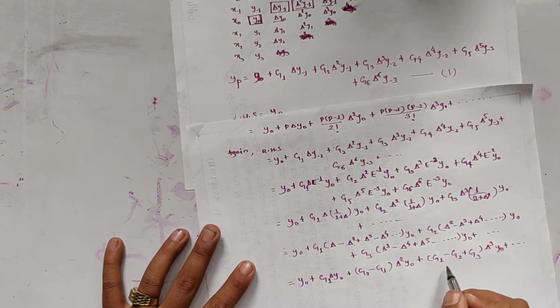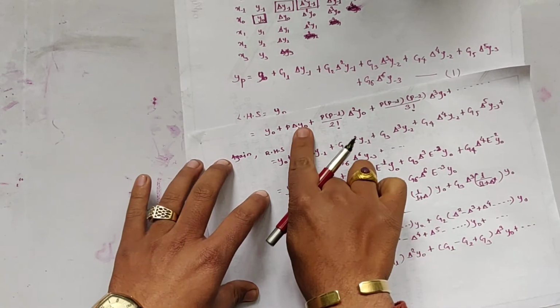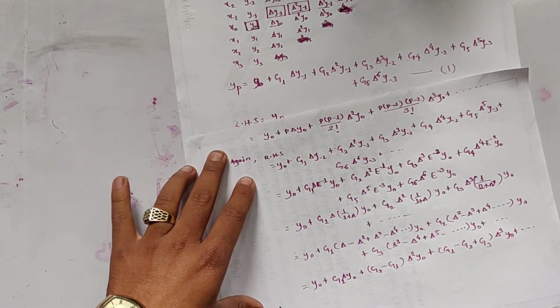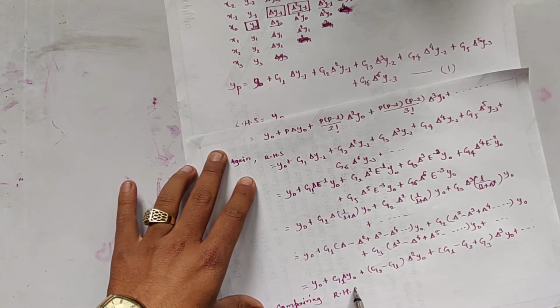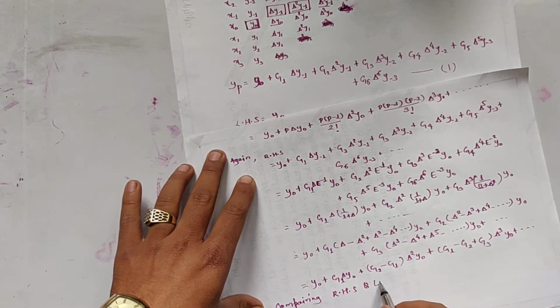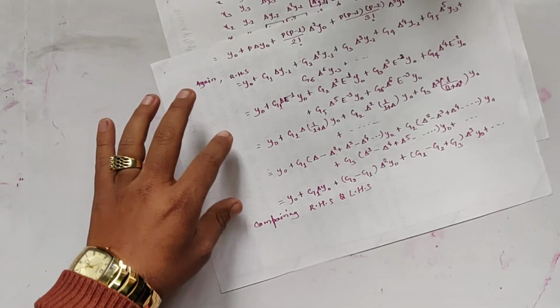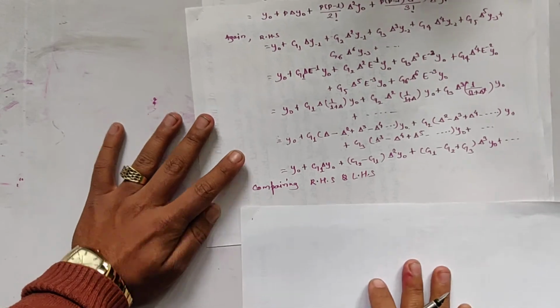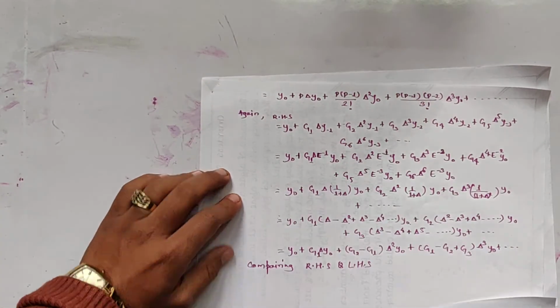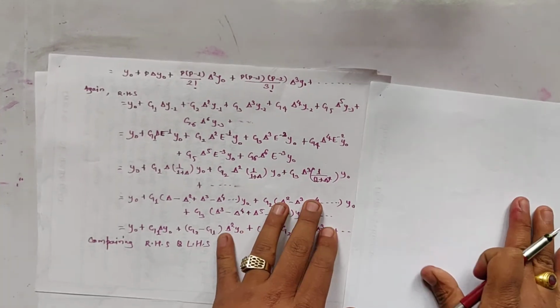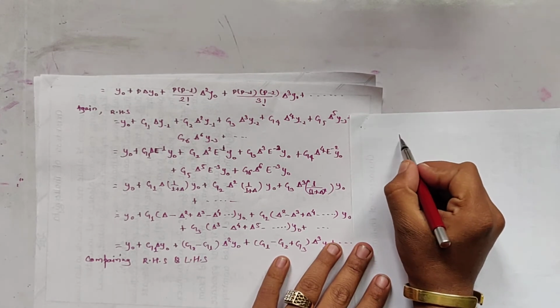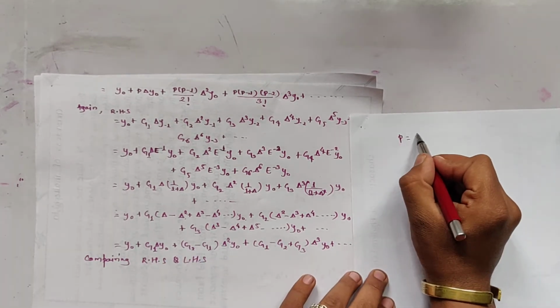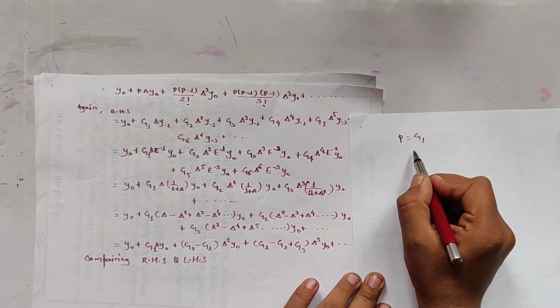When we open brackets, we can take the common. So comparing RHS and LHS, we can compare these two, and by comparing we get P equals G1, or G1 equals P. We can reverse the relation also.